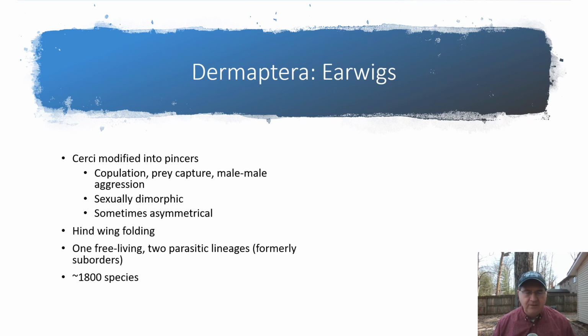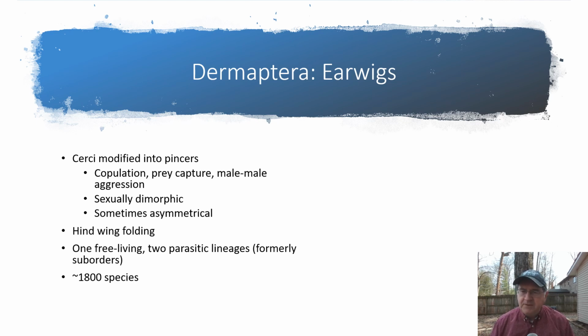It's the hind wings that are primarily used to allow them to fly. But probably the most characteristic thing of all of them is the fact that the cerci are modified into a pair of pincers at the posterior end of the animal.